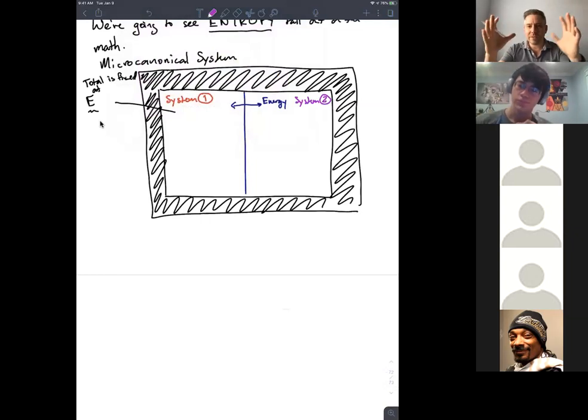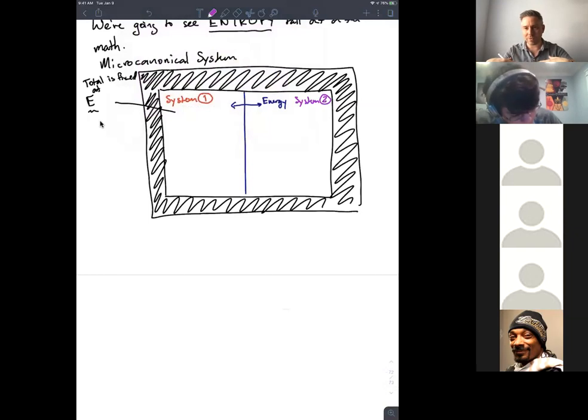Now we can see that the sum of system 1 and system 2 adds up to a microcanonical ensemble, just like we've dealt with before. But the subsystems 1 and 2 are able to swap energy between them. So we assume that the entire system is microcanonical so that we can throw our framework at it, but then see what happens as these two subsystems interact with each other.